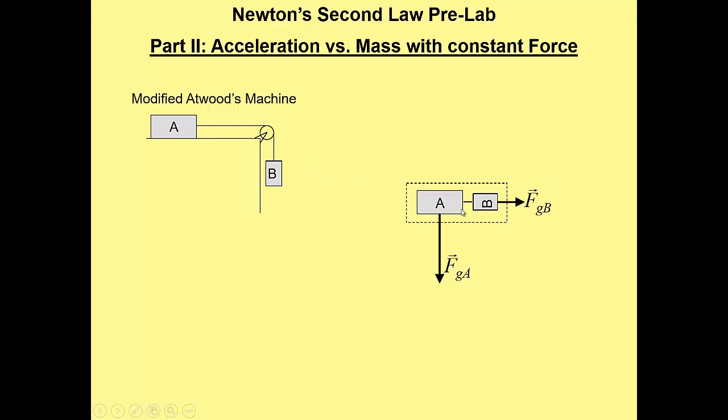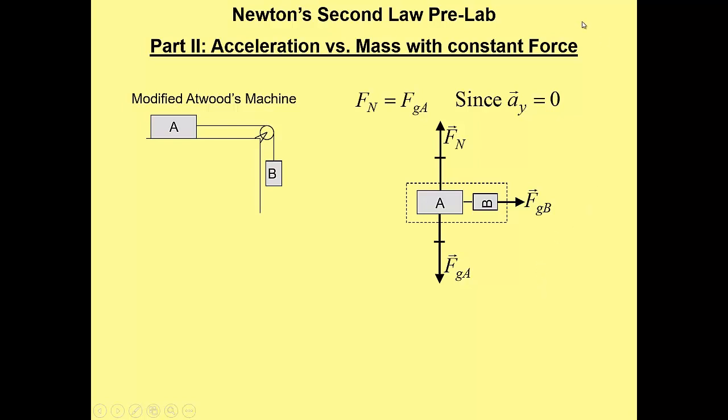And then we'd have a normal force on the cart, and those would balance out because it's not accelerating vertically. It is horizontally, but not vertically. No acceleration, no net force. Forces have to be balanced.